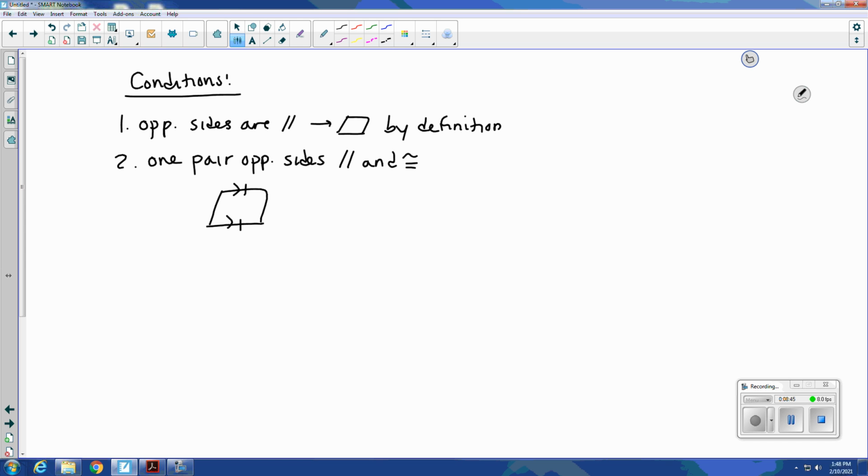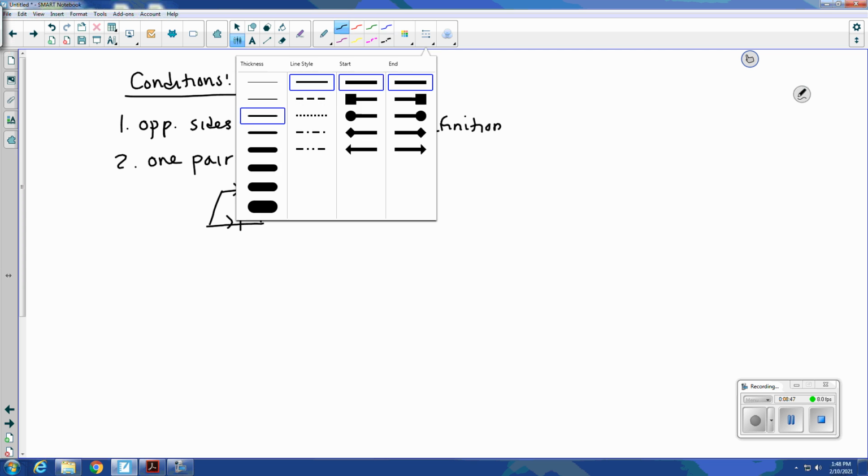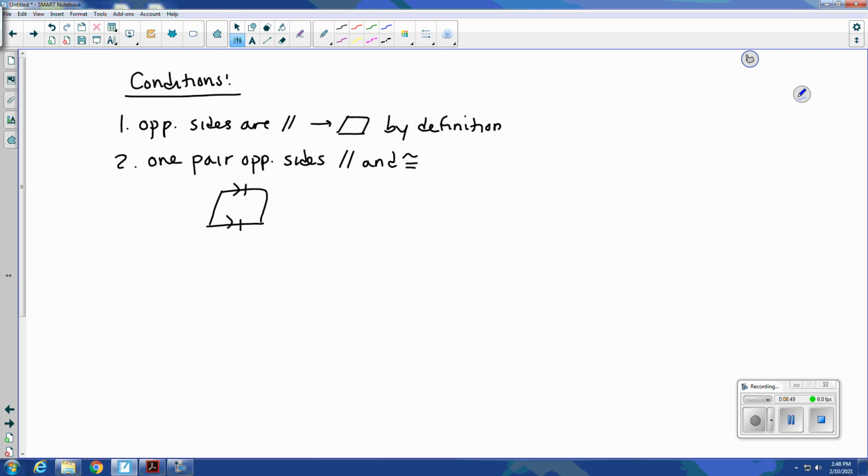So why is it true that this is definitely a parallelogram? Well, let's go back to incorporating our diagonal and therefore these two triangles and see if we can get some information out of that. Well, if these lines are parallel, then this angle is congruent to this angle, okay, by alternate interior. And these two triangles share this side.